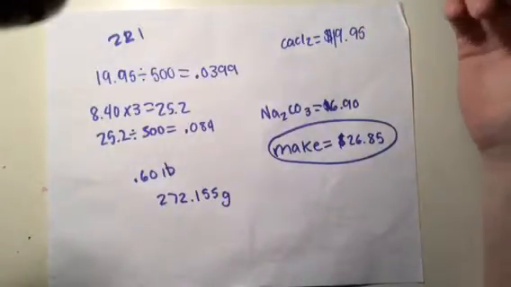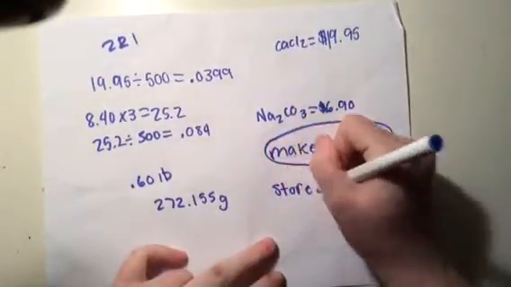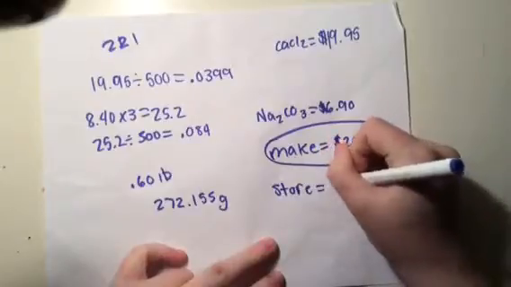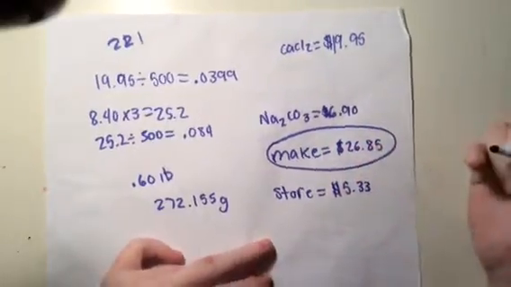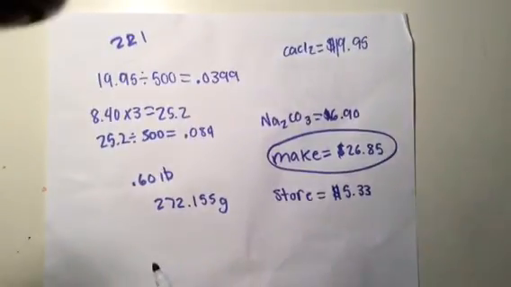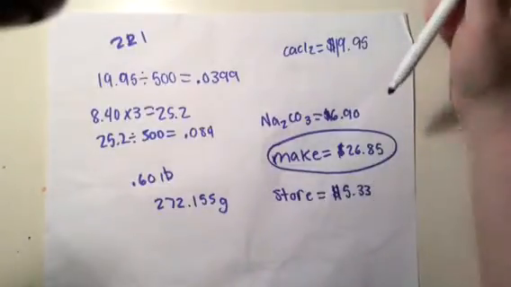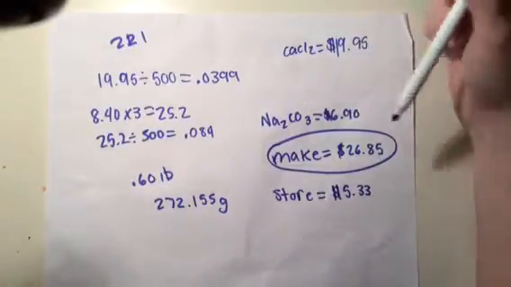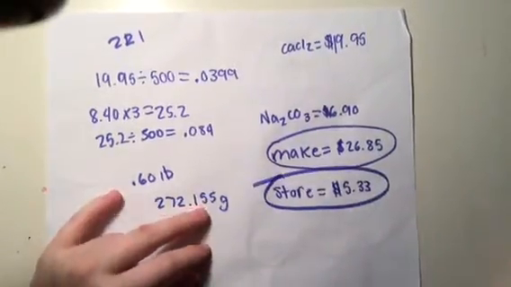So it'd be cheaper to buy store-bought because it's only $5.33, because you only need 200 grams and they give you 272 grams for $5.33. Well, or you could get the exact amount for $26.85, but it would be cheaper to get the store-bought.